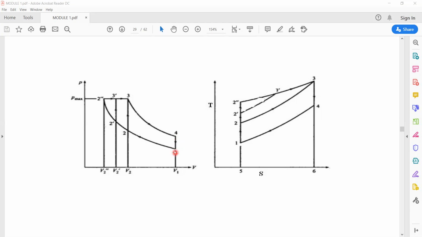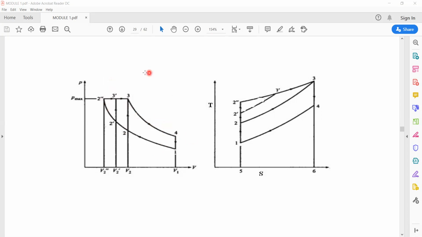I repeat, 1, 2 double dash, 3, 4, 1. So this is the diesel cycle. We know that in diesel cycle, we have two adiabatic processes, one constant pressure process and one constant volume process.